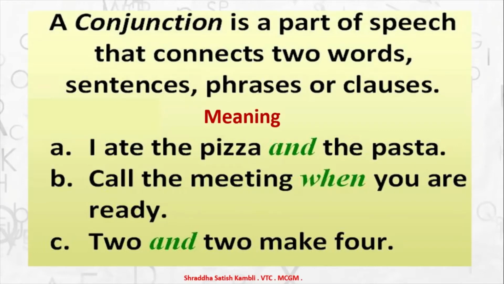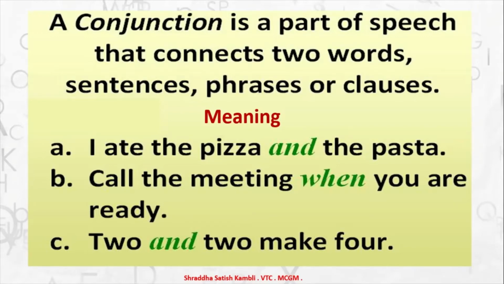Next, call the meeting when you are ready. Again, I have connected two phrases here. Call the meeting, you are ready. Or I can say I have connected two clauses. Call the meeting is an independent clause. You are ready is an independent clause. I have connected both of them using the word when, which is a conjunction.